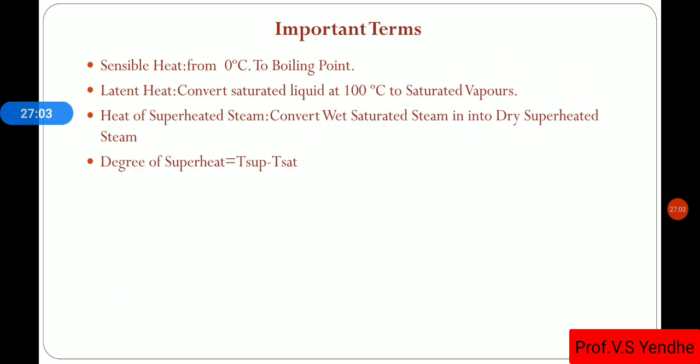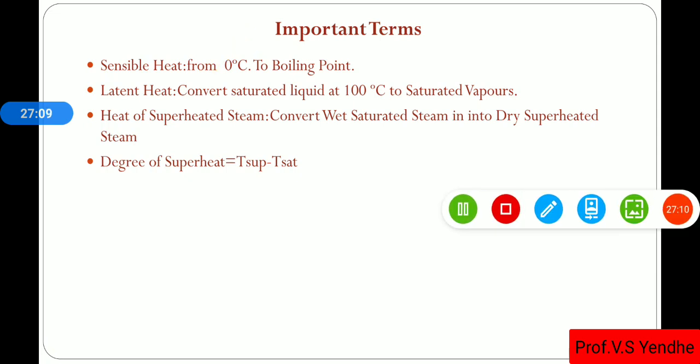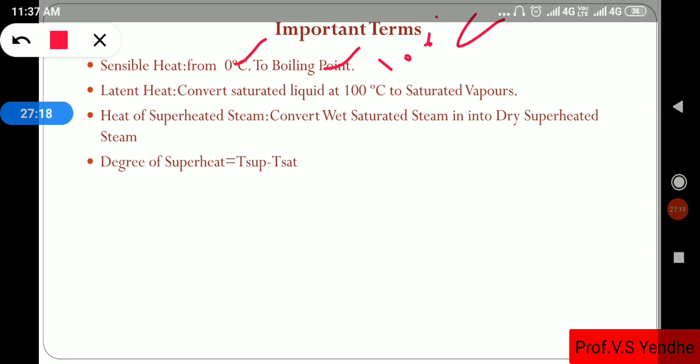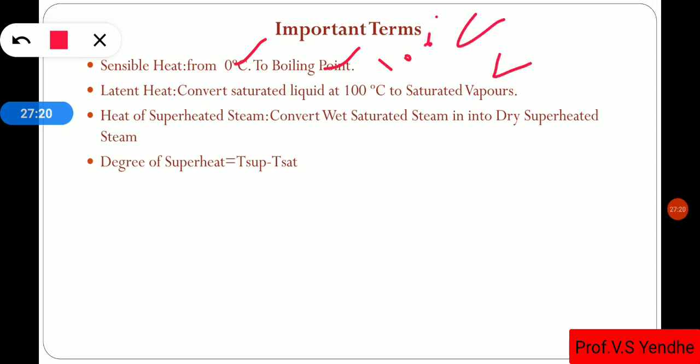So the important terms: first is the sensible heat. Sensible heat means converting water from 0 degree Celsius to the boiling point, 100 degree Celsius, and the water is completely in the liquid phase. Then in latent heat, the water is in a liquid plus gas phase, which is converted into gas.